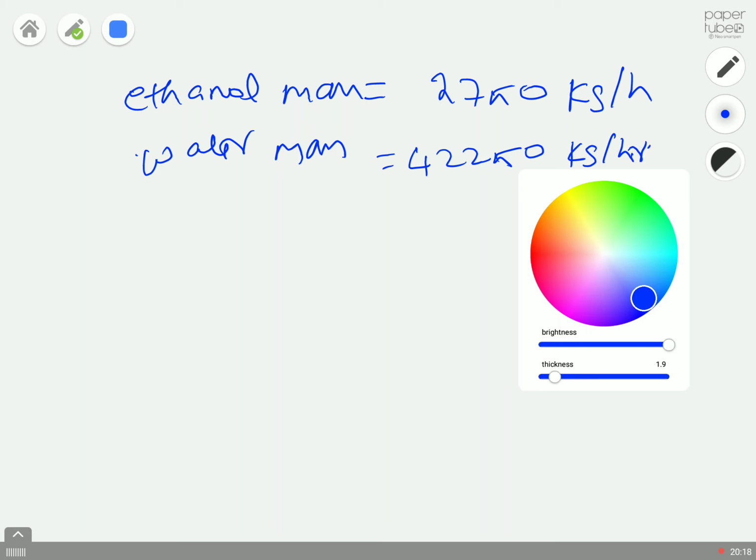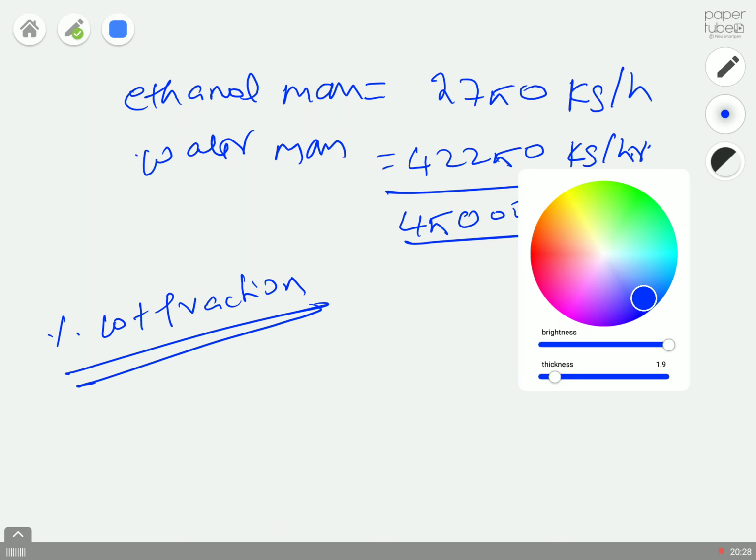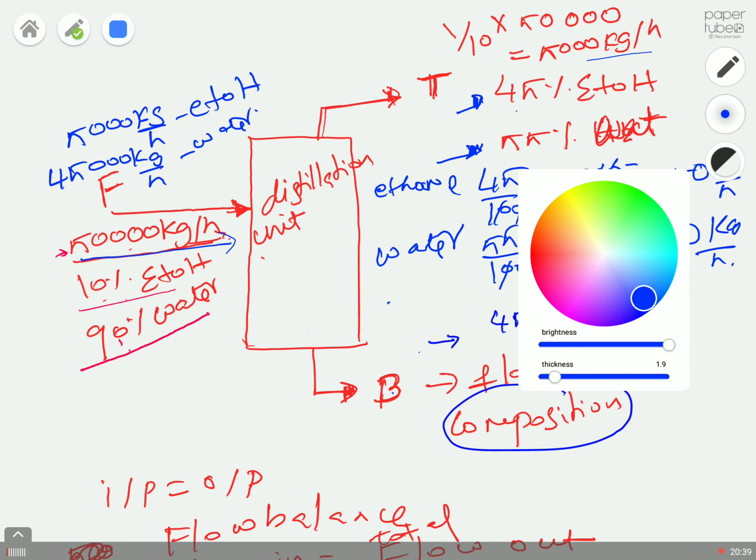So all you need is to take the total. I asked you to give the answer in terms of percentage weight fraction, the same as given in your question, where 50,000 kilograms per hour is 10 weight percentage ethanol and 90 weight percentage water.